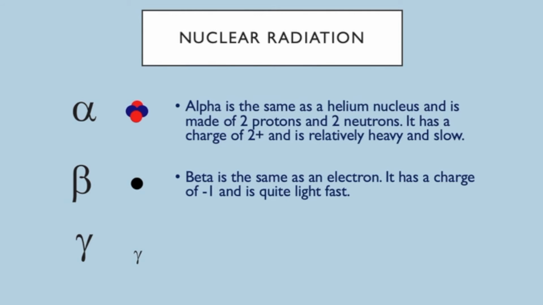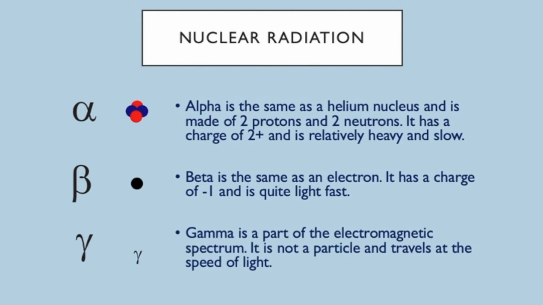The charge on an electron is actually 1.6 times 10 to the power of -19 coulombs, so we just say relative to each other, they've got +1 or +2 or -1. An alpha particle has got a +2 charge, and a beta particle has got a -1 charge. And gamma actually isn't a particle at all. As we've said, it's part of the electromagnetic spectrum, and it travels at the speed of light.